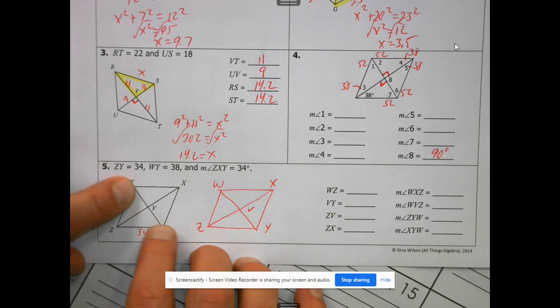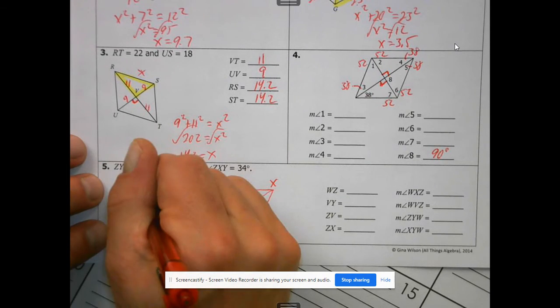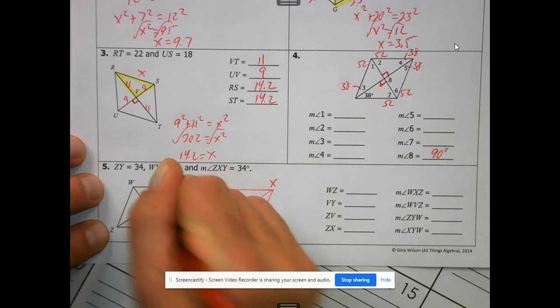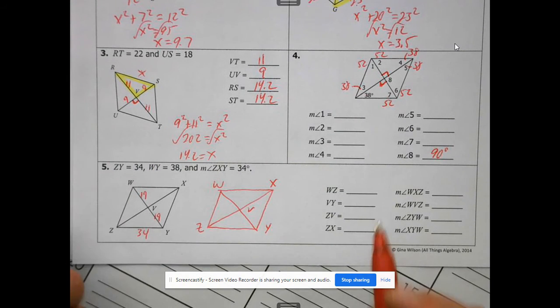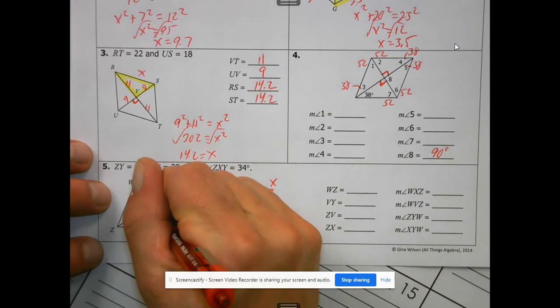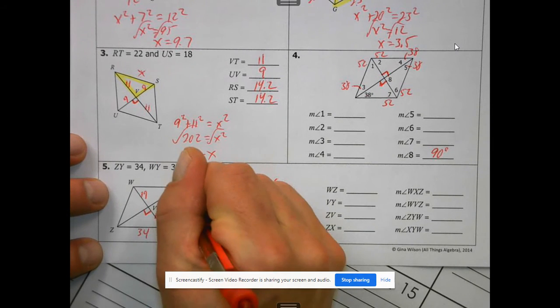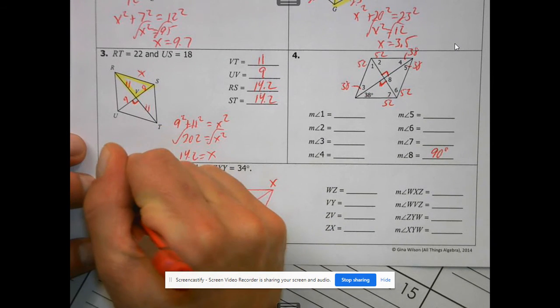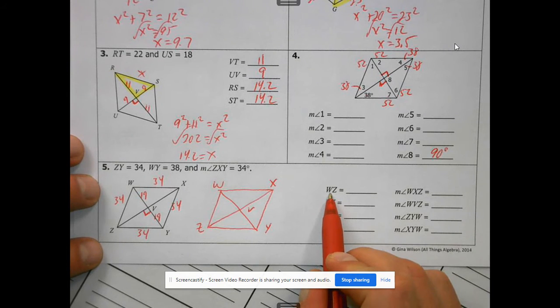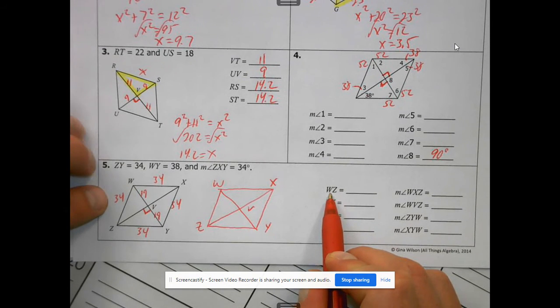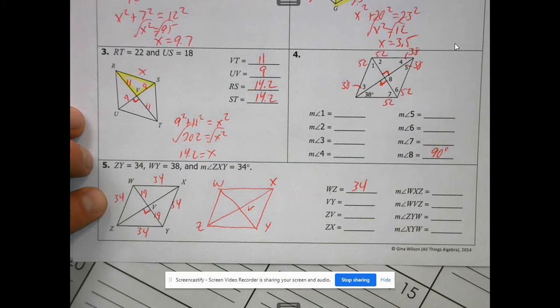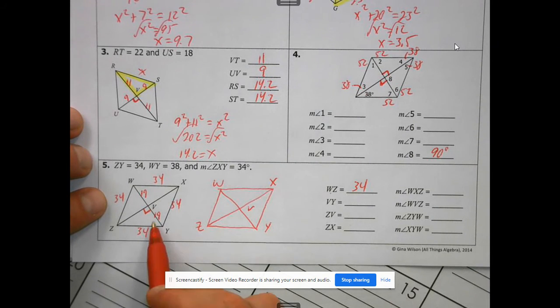If I cut that in half, each of these would have to be 19. 19, 19. All right, remember 90s in the middle, always. All sides are 34. Let's answer the questions. W to Z, 34. V to Y, 19.